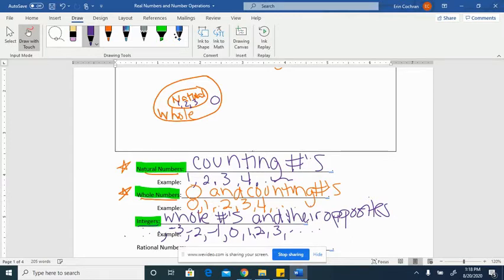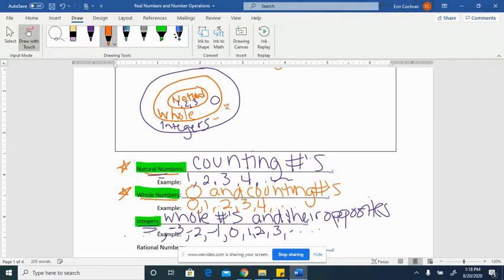So are all integers natural numbers? No. But all natural numbers are integers. So if I go to the Venn diagram, I'm going to put integers on the outside here because integers include all whole numbers and all natural numbers. The only numbers that are different are those negatives.